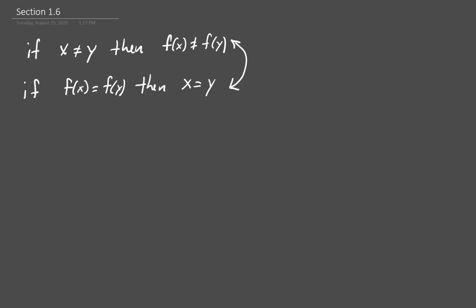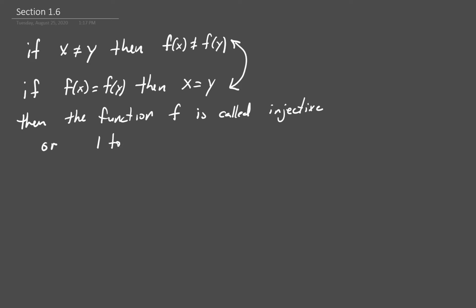And if either of these happens, then the function f is called injective, which is the proper term, but most of you probably know this as 1-to-1. Right? It's a 1-to-1 function.